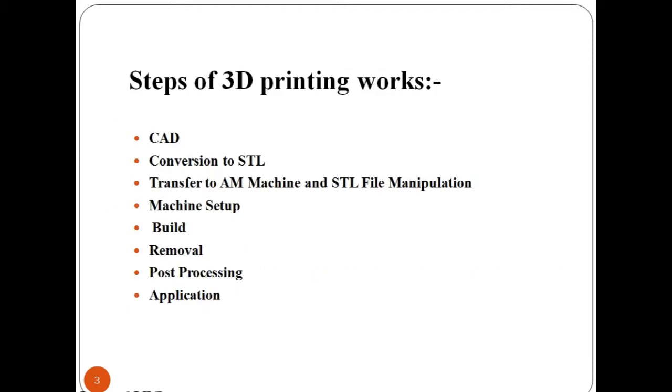Let us have a look at the steps involved in 3D printing. A 3D printer simplifies and accelerates the process of making prototypes and finished goods. Beginning with the computer-aided design, CAD data which defines a tool path, the 3D printer extrudes and deposits molten thermoplastic in layers to build the part from the bottom up.